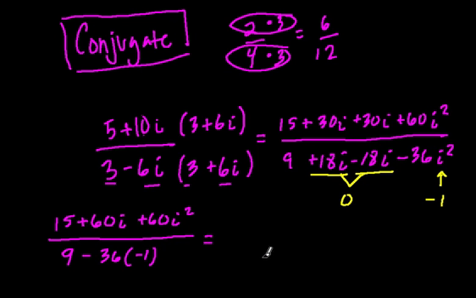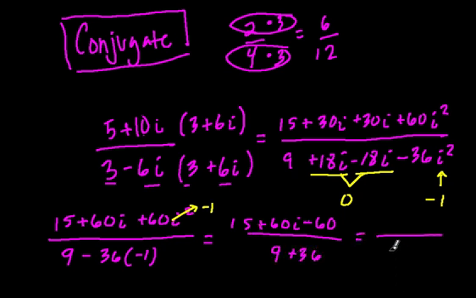So I'm going to go back, actually, this is negative 1 here as well. So we can think of this not as plus 60, but as minus 60. So let me just erase that real quick. Make this a little bit easier on ourselves. So minus 60 all over 9 plus 36.